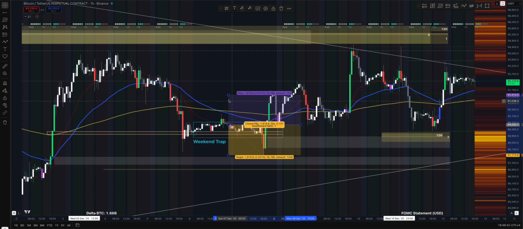Also the other way around, if you said, oh, we had a nice down push and we will head further to the upside, and you opened a long position from here on the weekend and said, I will cover this wick here, you also would have gotten stopped out. And that's very bad because you don't want to get stopped out. So on the weekend you will get stopped out to the top and to the bottom, and yeah, that's not cool.